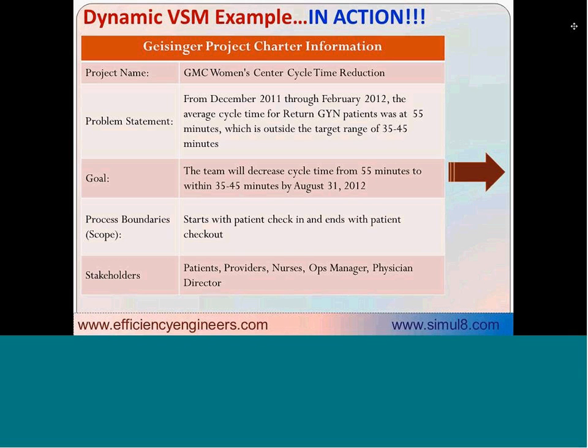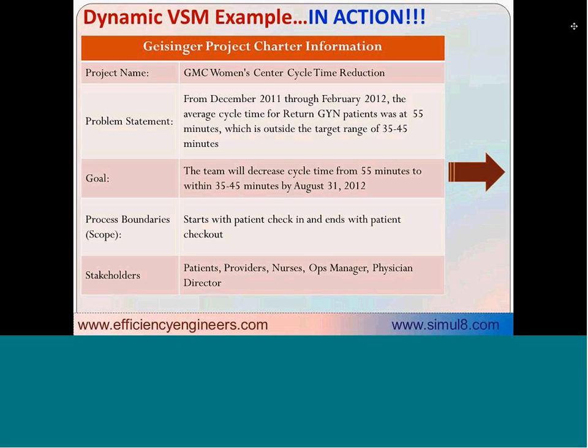Note here in the problem statement, it's a project that focuses on return GYN patients. Return means, as it sounds, returning patients, those who are not new to the system. We do not have to get new information or a new patient profile, if you will. So they are getting some kind of follow-up or continuing care within this clinic.